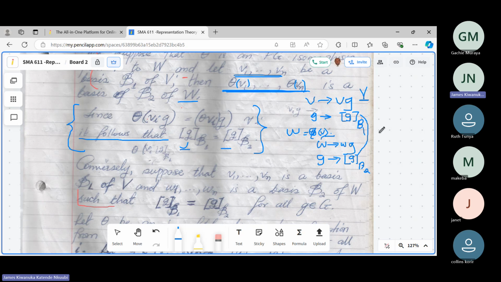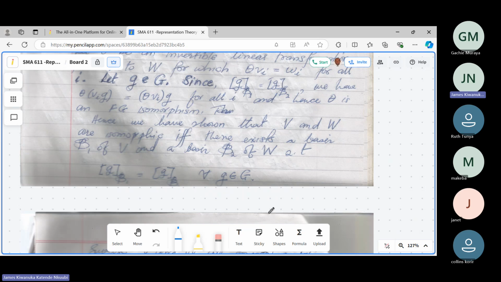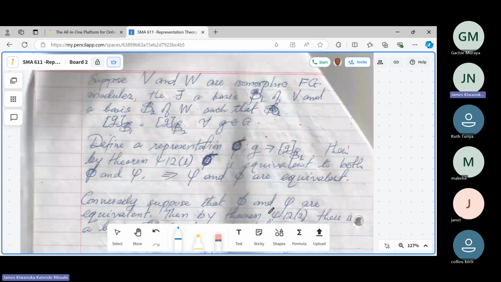Similar in the sense that if I take this as a matrix A, I should be able to write it as T inverse, if I take this one as B, T inverse BT. The change of basis. So I think you can use that to try to complete the proof.